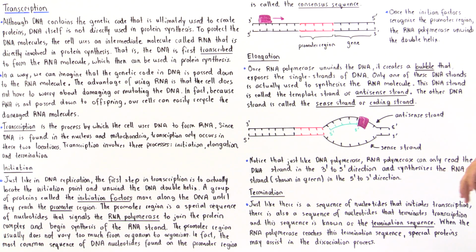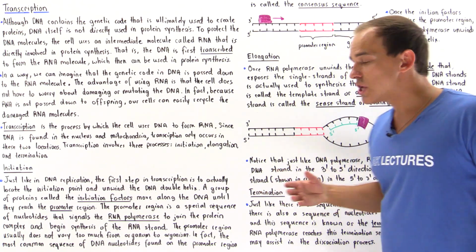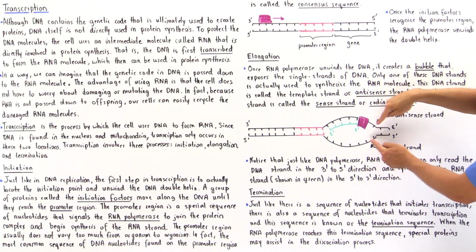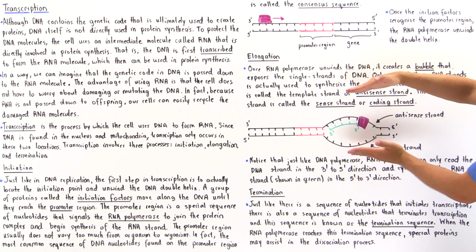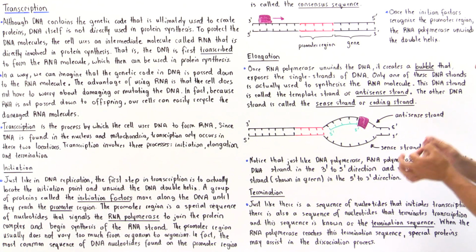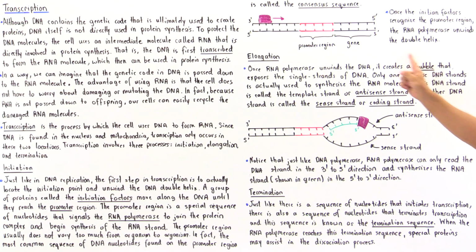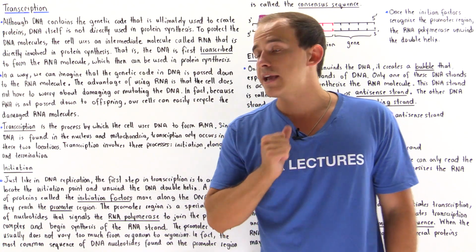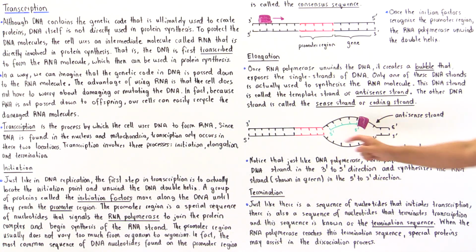So basically what the transcription bubble is, it's a region where our two single strands of DNA have been separated and are now exposed. Now notice only one of these DNA strands is actually used to synthesize our RNA molecule. So to see what we mean, let's take a look at the following diagram.